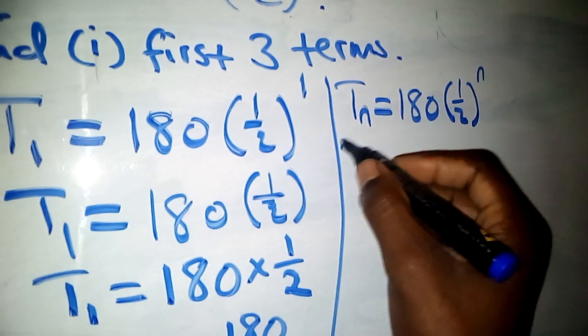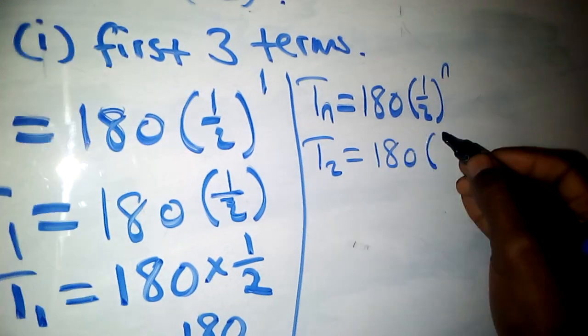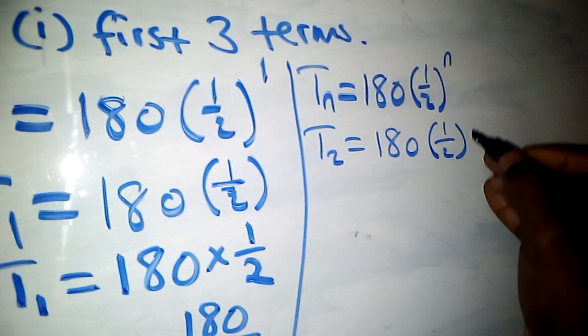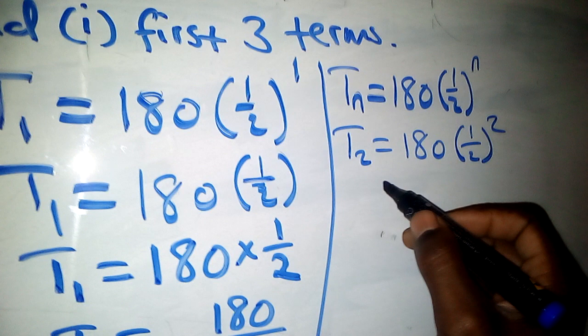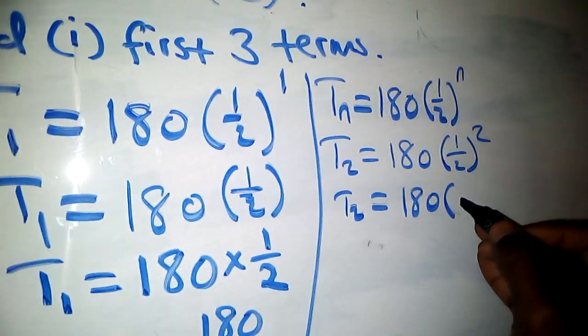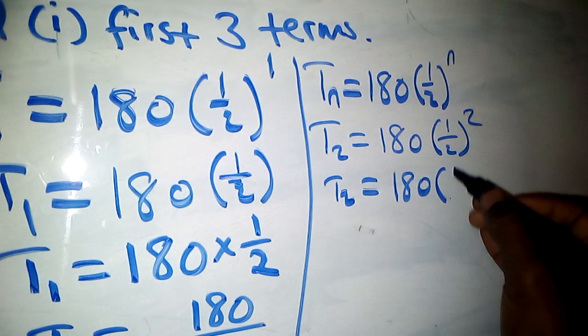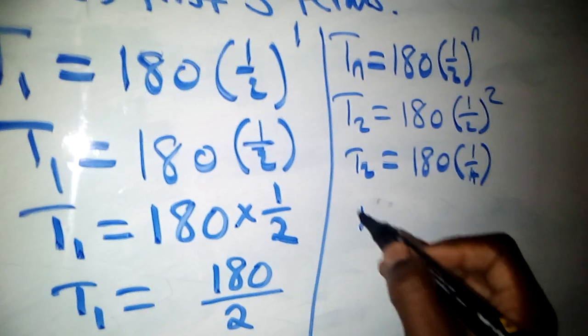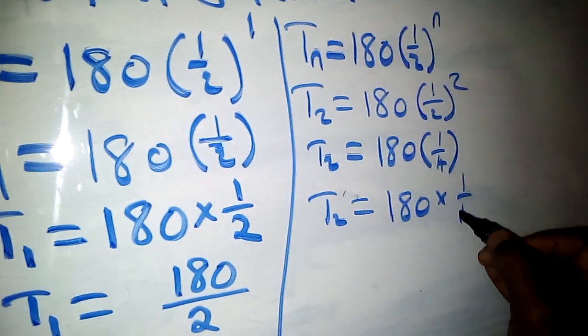So T2 equals 180 open parenthesis 1/2 raised to the second power. When you simplify this, 1/2 squared is 1/4, right? So T2 equals 180 times 1/4.